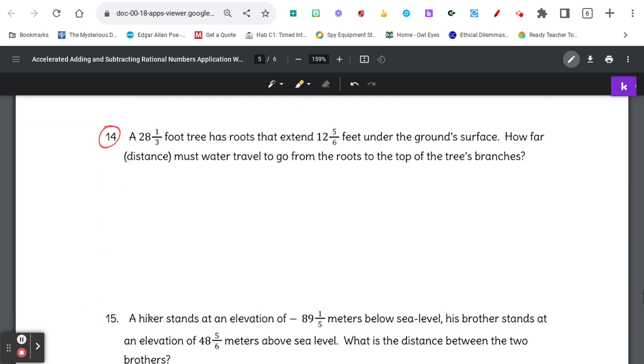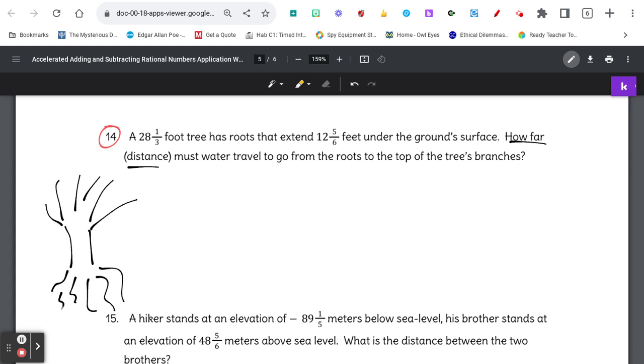Okay, I'm going to do a few more. A 28 and a third foot tree has roots that extend 12 and 5/6 feet under the ground surface. How far, which is distance, guys, how far must water travel to go from the roots to the top of the tree's branches? So you've got your tree, you've got these branches, and then you've got this root system.